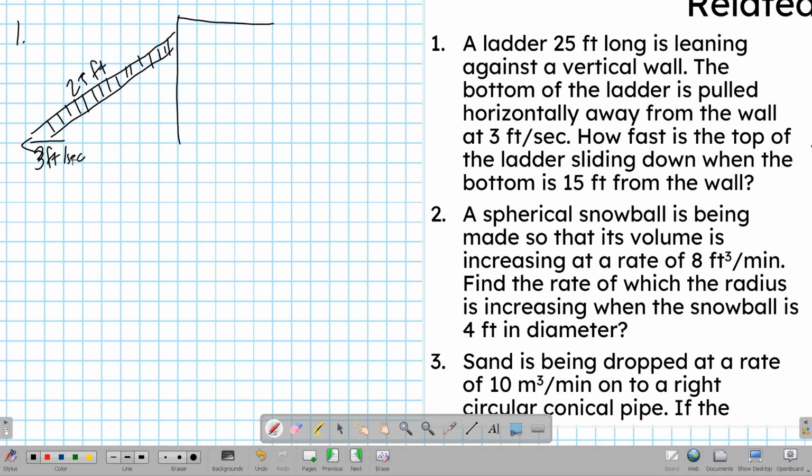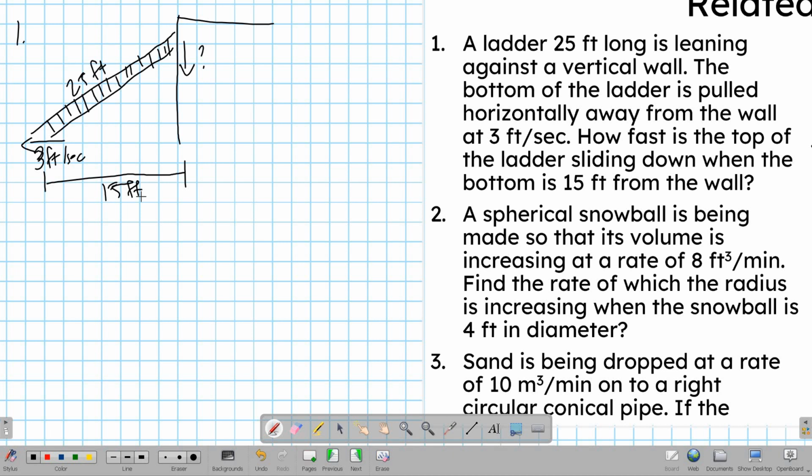How fast now is the top of the ladder sliding down? How fast is that going? When the bottom is 15 feet from the wall, so this is already 15 feet from the wall.